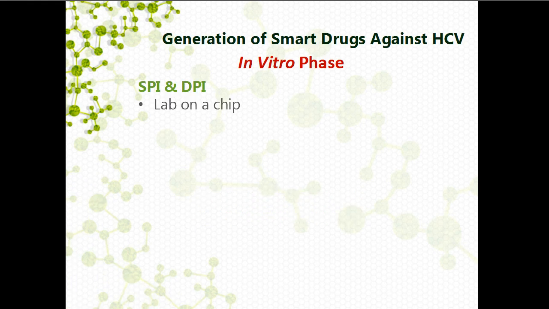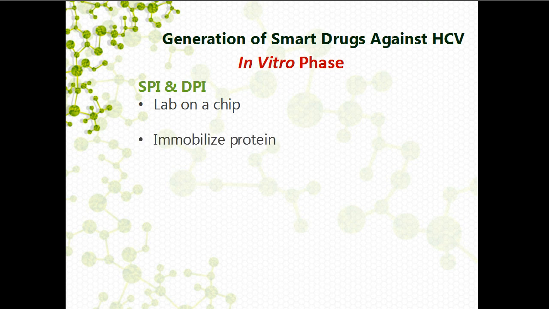We can use one of two techniques, either surface plasmon resonance or dual polarization interferometry. Sorry, there's a typo here. I think it's not SPI, it's SPR and DPI. Both of them are a lab-on-a-chip platform. We will see why it is lab-on-a-chip technology.